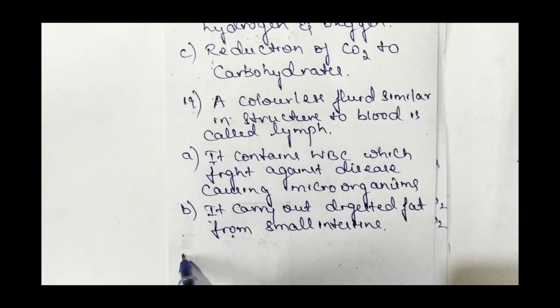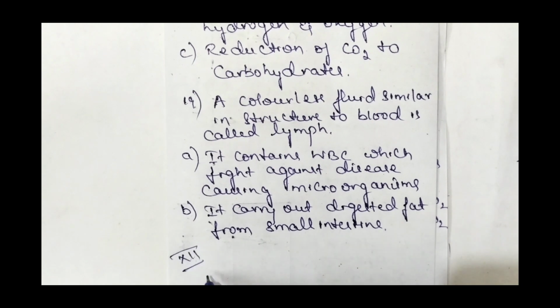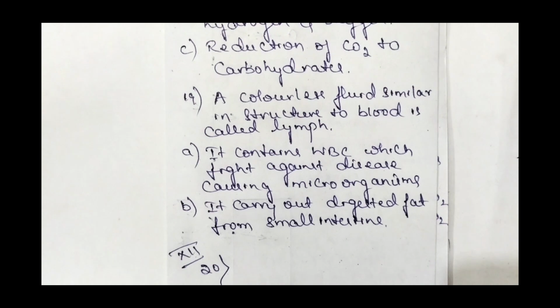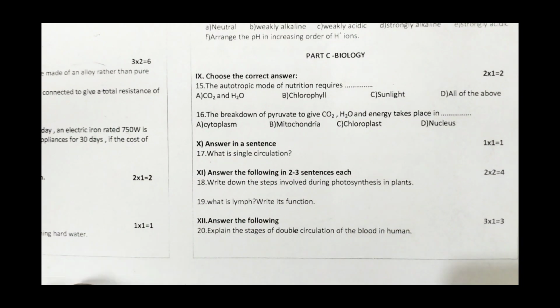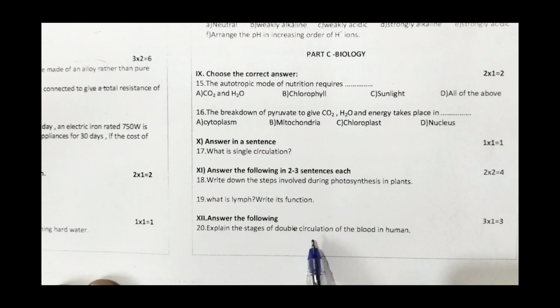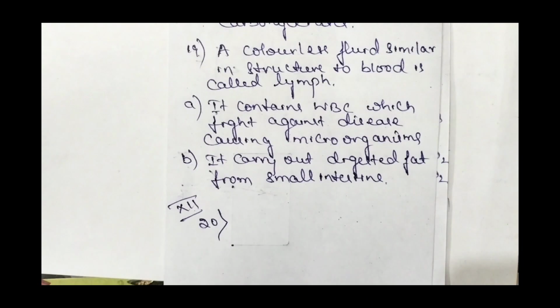So now let us move to the 12th main, the 20th question. What is the 20th question? Let us see it. The 20th question is, explain the stages of double circulation of the blood in human. Let us write step by step.